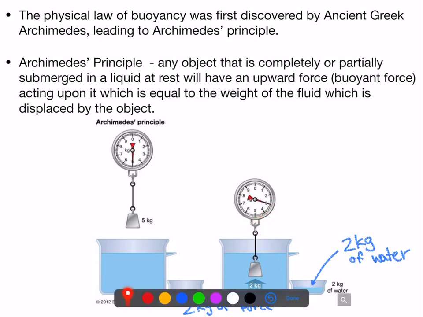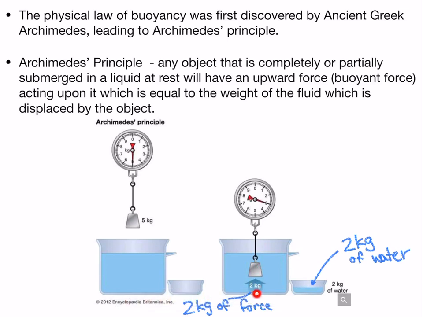And that's why when you're in a pool, it feels like you're a little bit lighter. That's because Archimedes' principle is working on your body. It's pushing up on your body with an amount of force equal to the amount of water that your body is displacing.